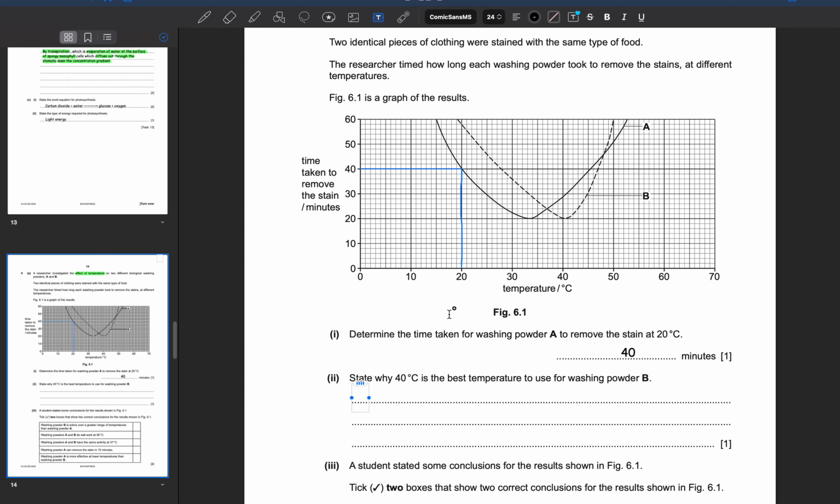Why did this happen? It means that this temperature was the optimum temperature. So I will say because 40 degrees is the optimum temperature for the enzyme to work.